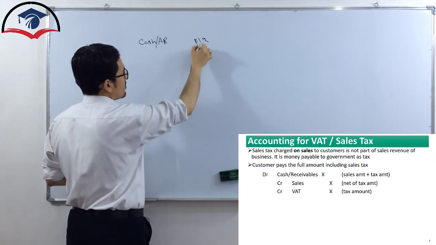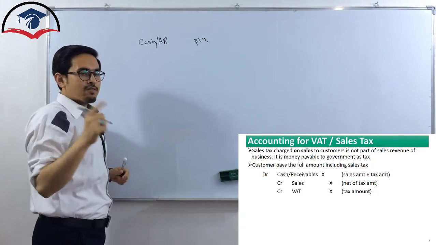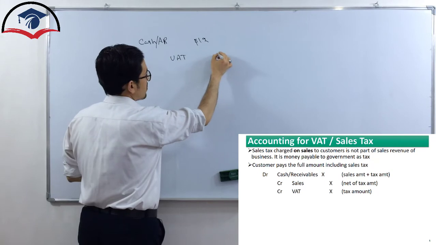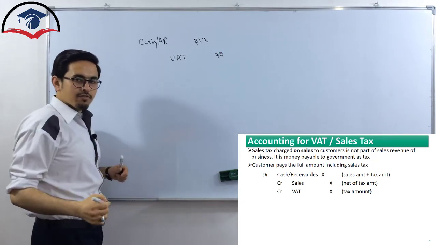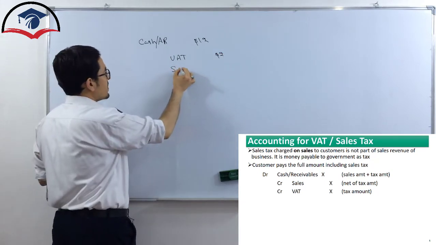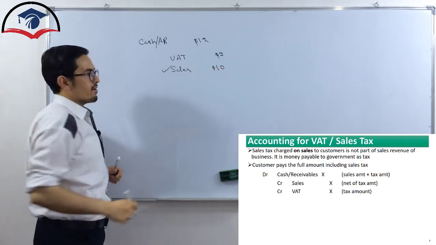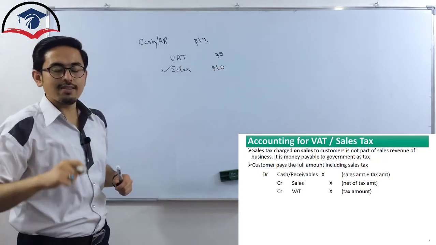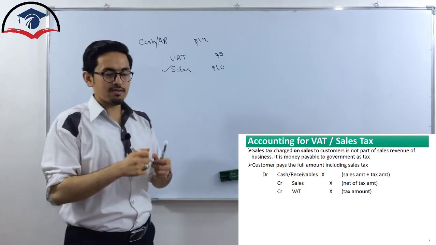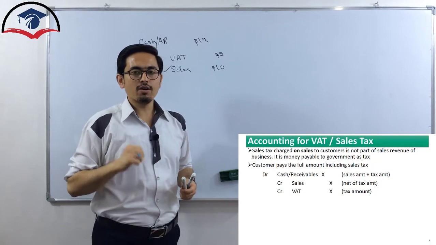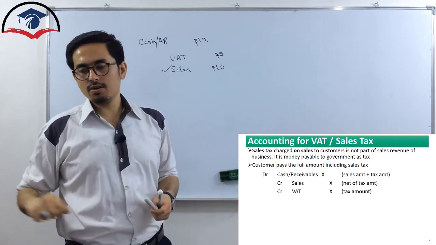There will be $12 overall, but this $12 is made up of $2 tax, which is the liability of the business, and the net sales of $10. This $10 belongs to the business. However, we need to receive the $12 as a whole amount from the customer.